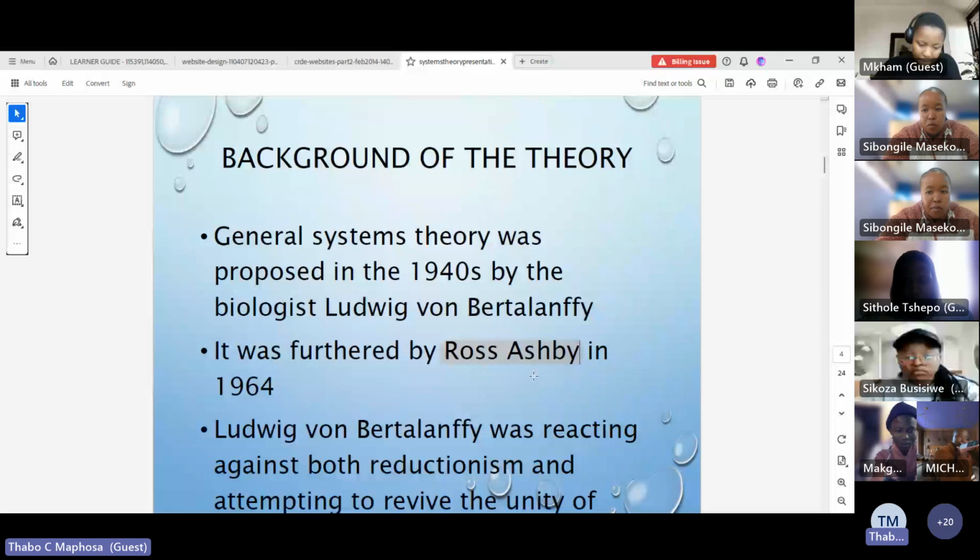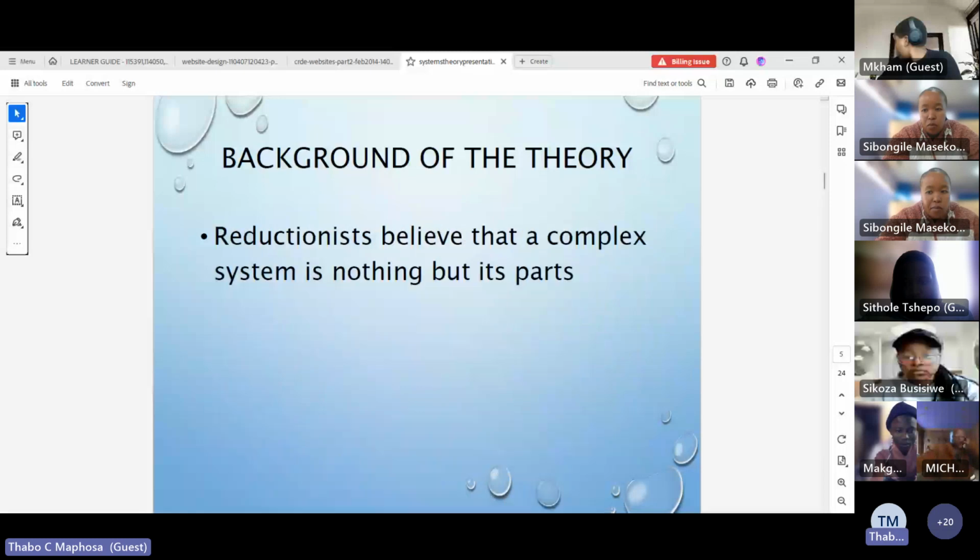And then Ludwig von Bertalanffy was reacting to reductionism and attempting to revive the unity of science.